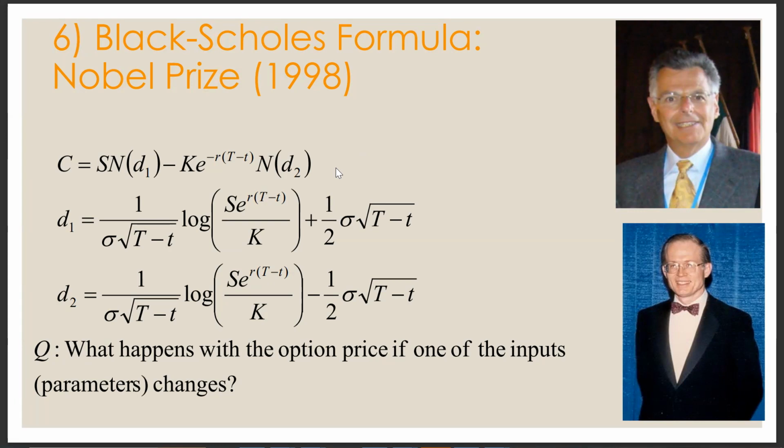We remember that it's a very important formula, and there was a Nobel Prize in 1998 for this formula, and the boom in option trading. So it's easy to use this formula to compute the fair price of derivatives.